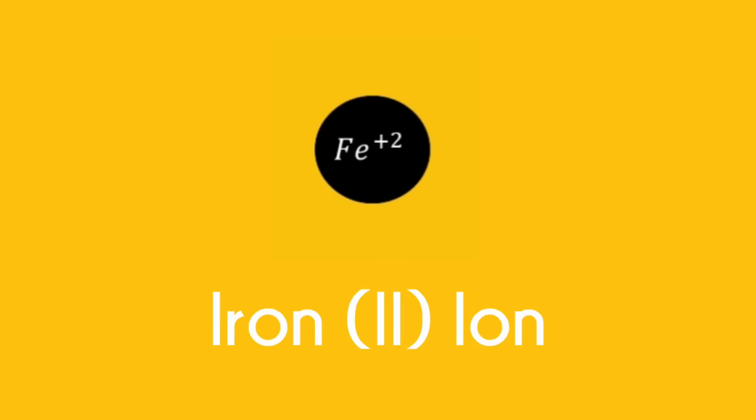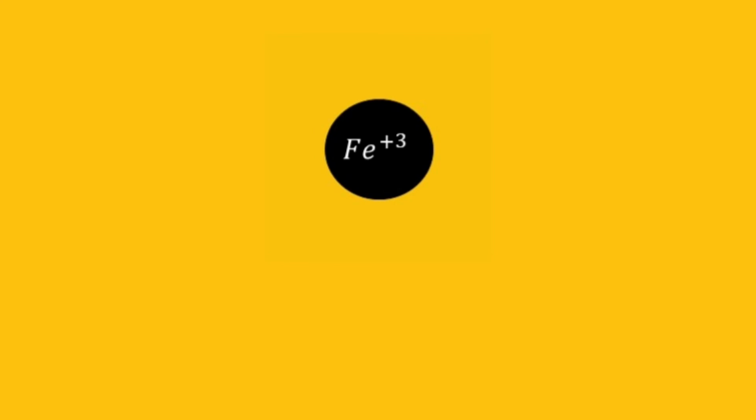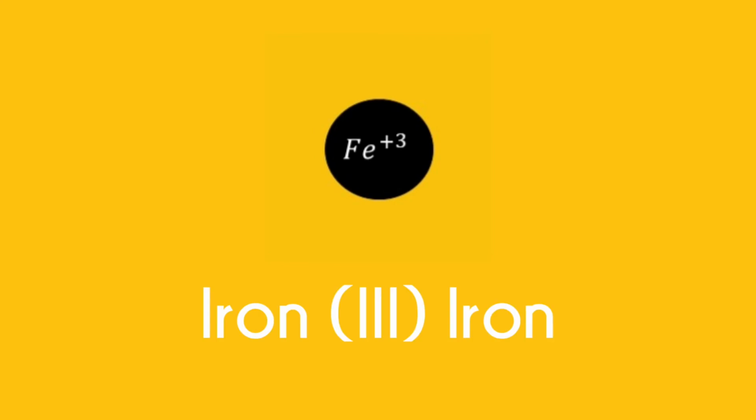The same goes with iron. The one with positive 2 charge is called iron 2 ion, and the one with positive 3 charge is iron 3 ion. Now, try to identify the classical and stock naming of the given special elements. Pause the video and try to answer them yourselves.